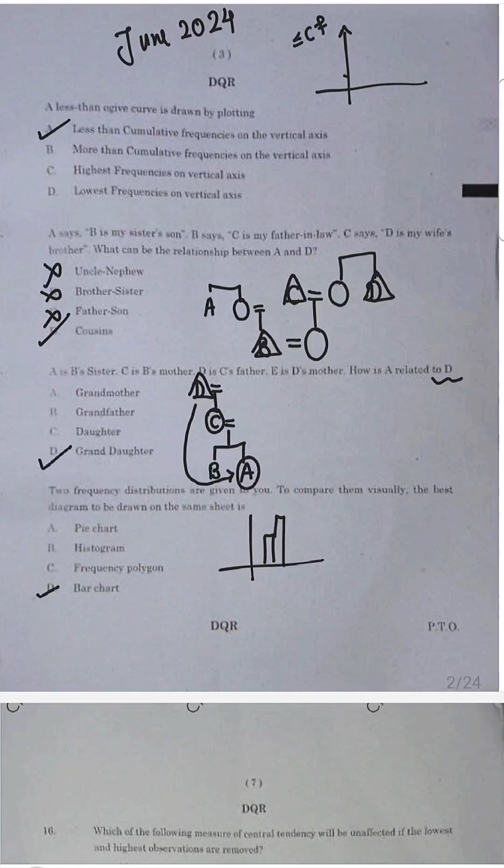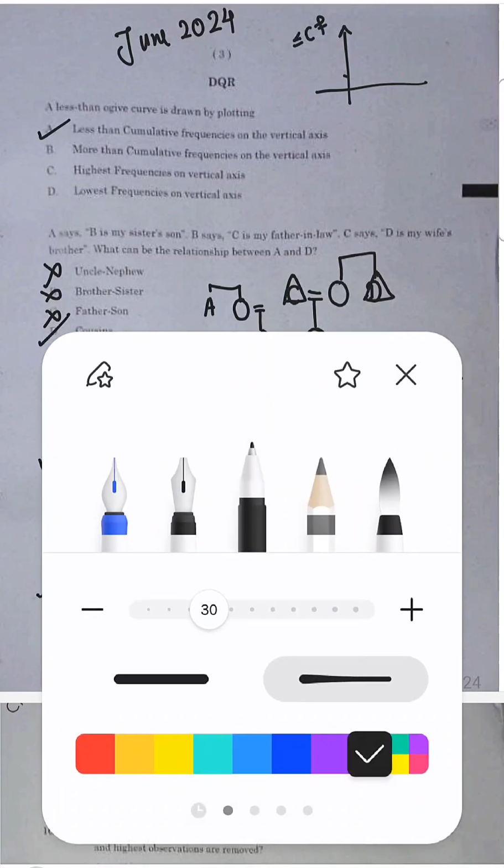Histogram is not possible for a comparison. A frequency polygon is also there, but between the frequency polygon and the bar chart, the bar chart would be more convenient since polygons sometimes get difficult to compare. So bar chart should be the correct answer.